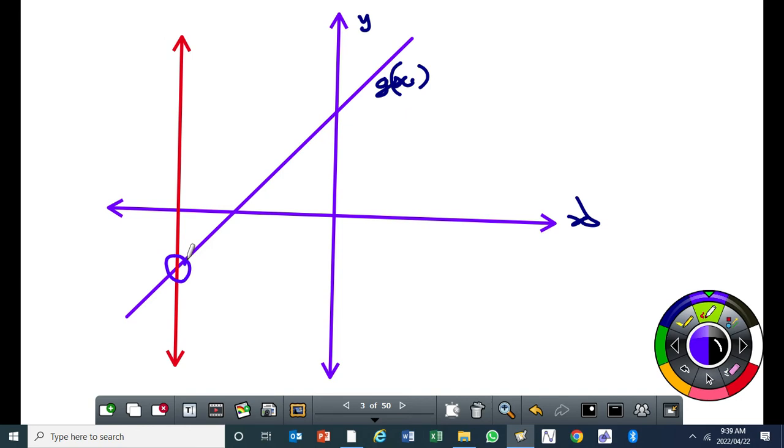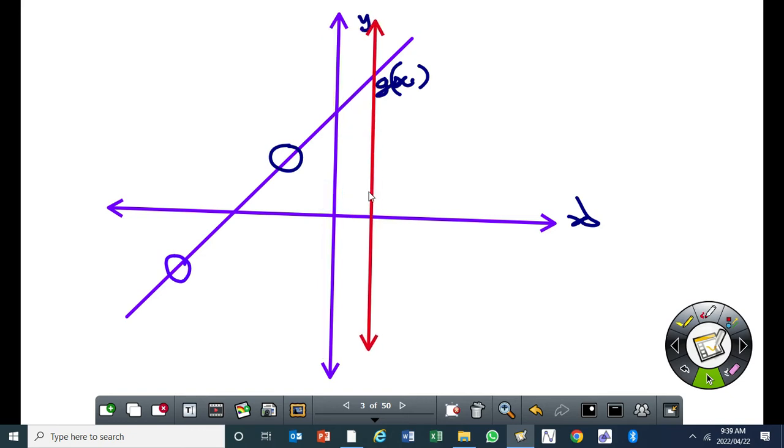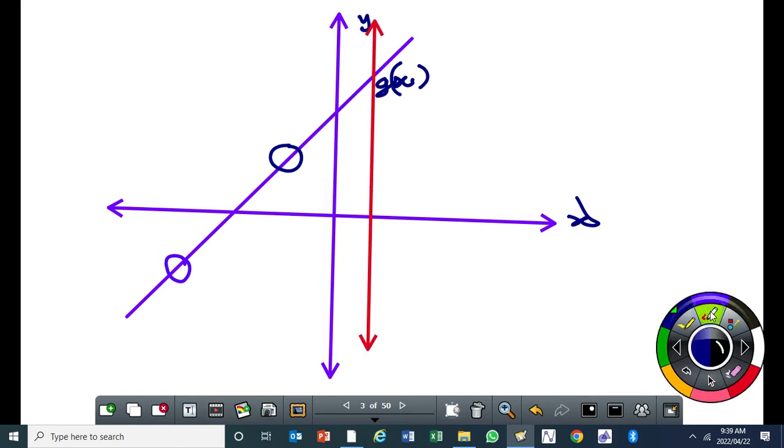If I move that vertical line to the right, again, they will intersect at one point, which will be there. If I move it further, for the last time, they will intersect at the same point.